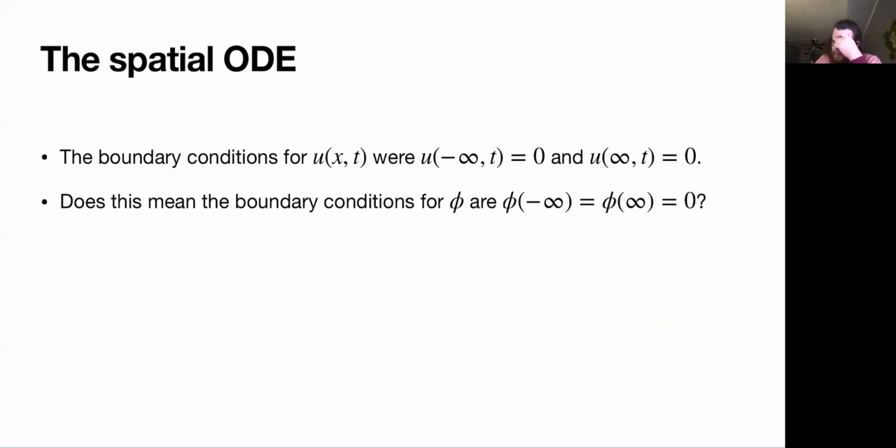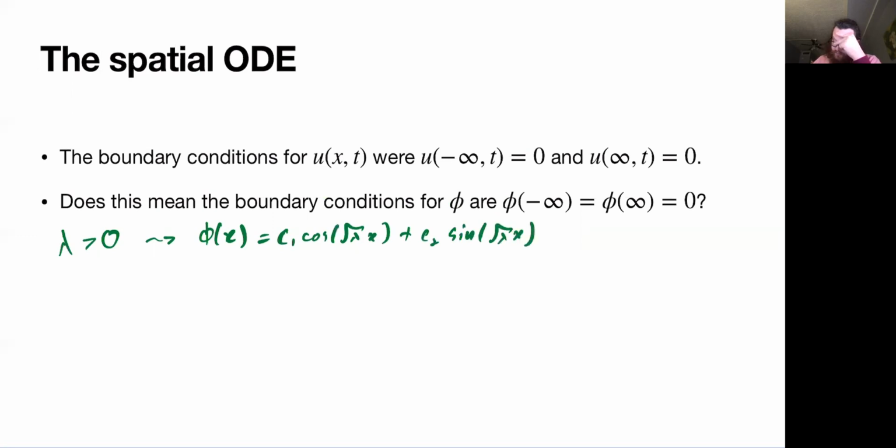So for lambda, we'll say lambda is positive. This means that phi of x is going to take the form c1 cosine of root lambda x plus c2 sine root lambda x.